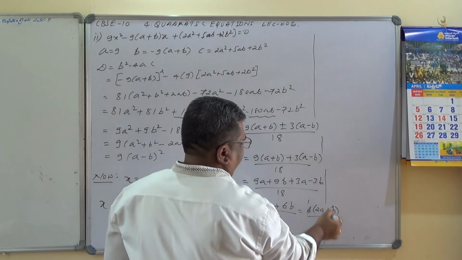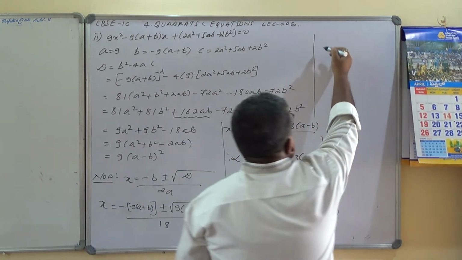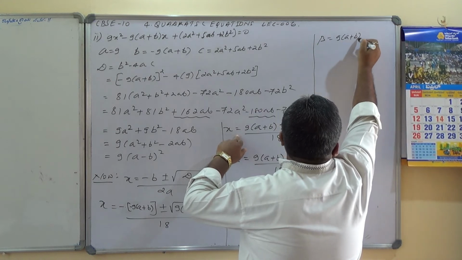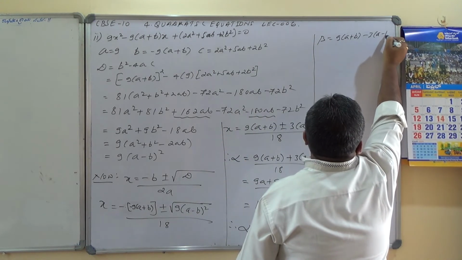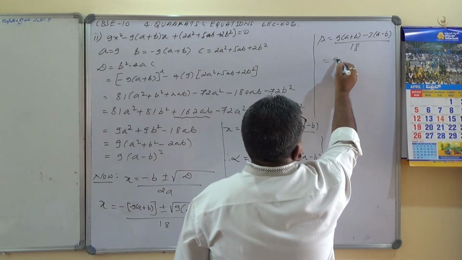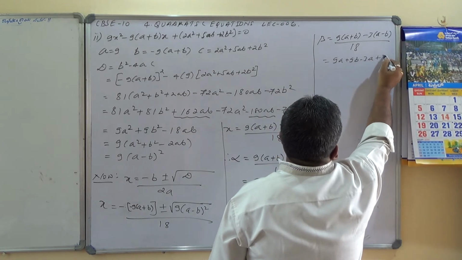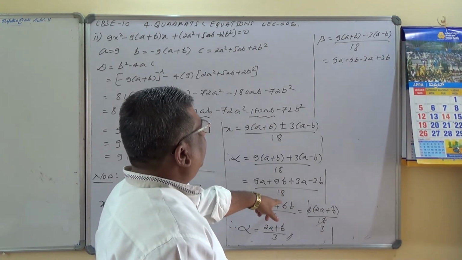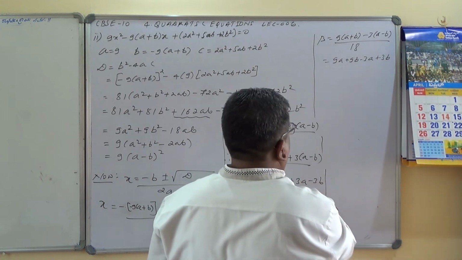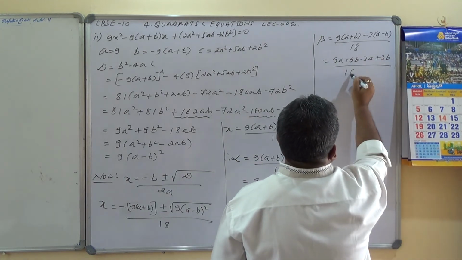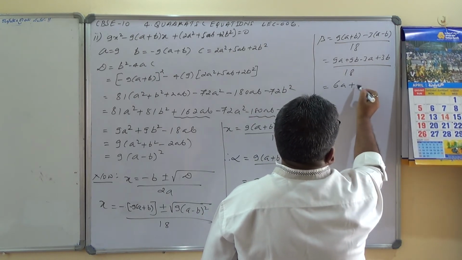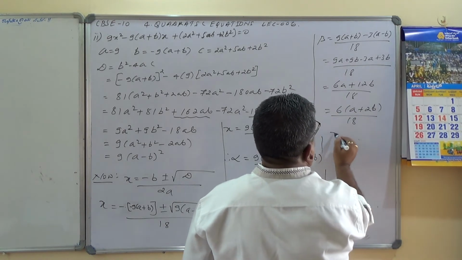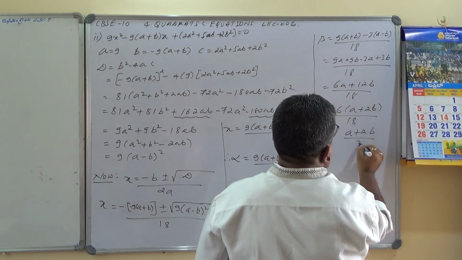The other value, beta, since alpha and beta are the zeros here, I take minus now: (9(a + b) − 3(a − b)) divided by 18, which is (9a + 9b − 3a + 3b) divided by 18, that is (6a + 12b) divided by 18, so (a + 2b)/3.